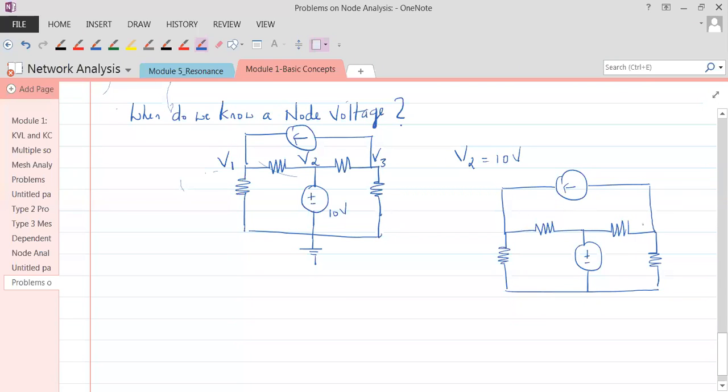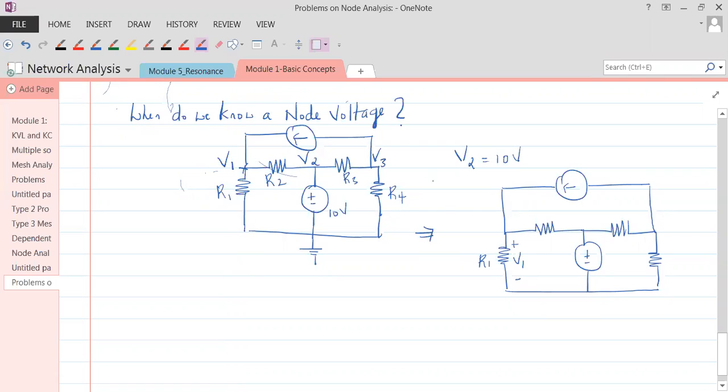So when I say V1 here, suppose this is R1, R2, R3 and R4 in general, it means there is a drop V1 across R1.